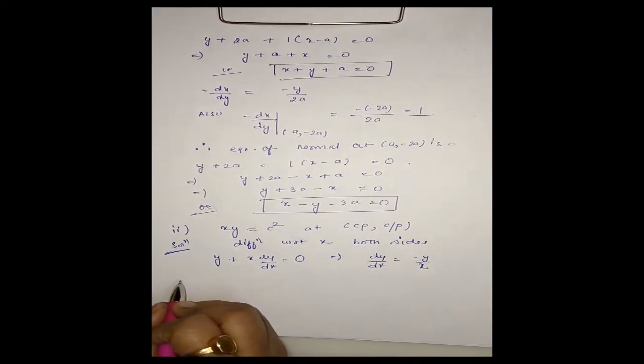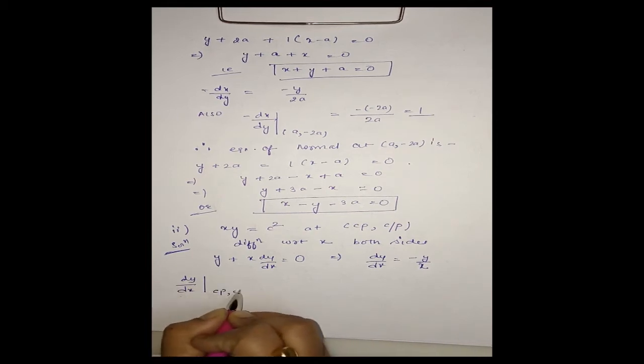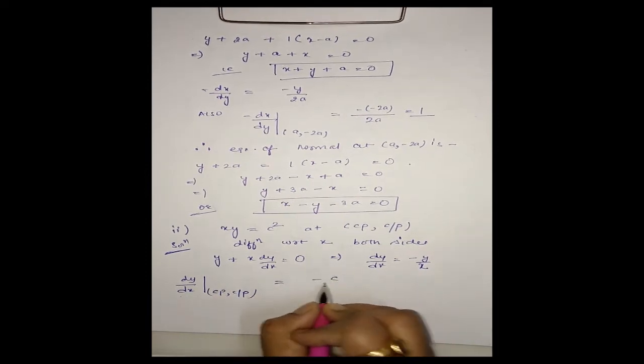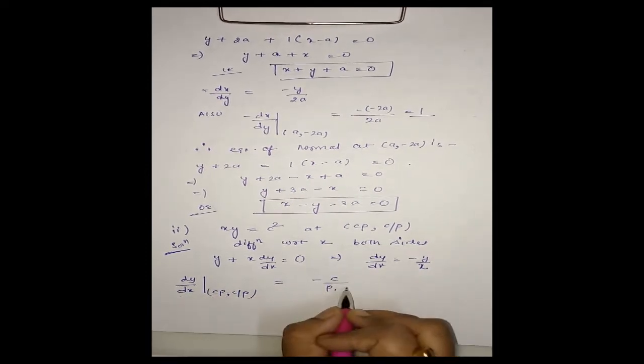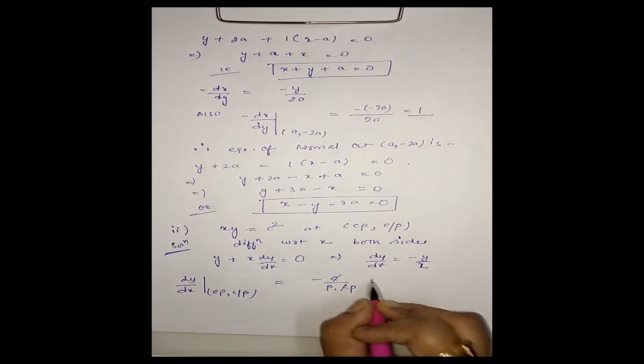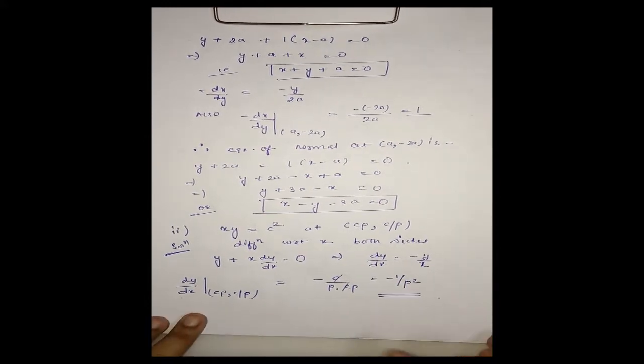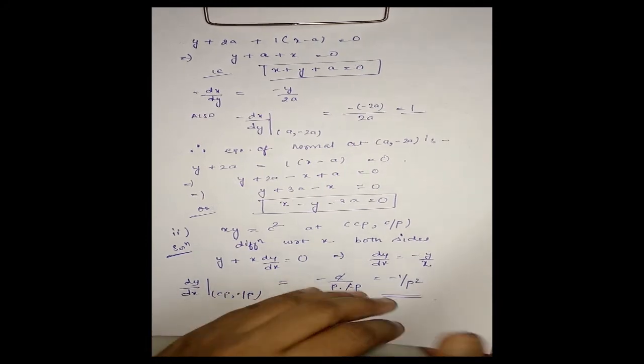Now at the point cp and c by p, this is equal to minus c by p into 1 by cp. That is, this is equal to minus 1 by p square. dy by dx at this point is minus 1 by p square.